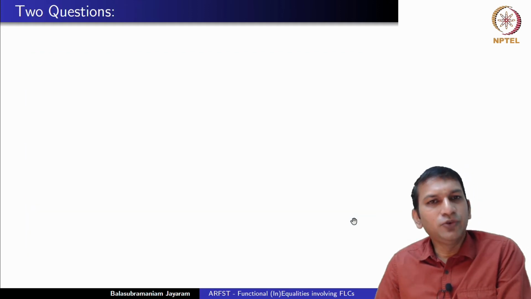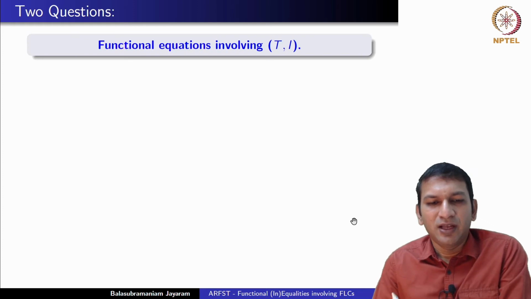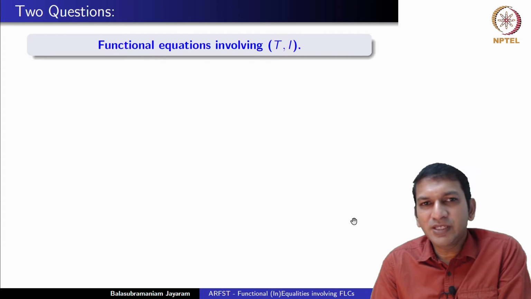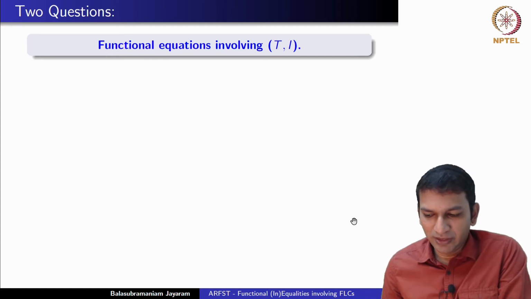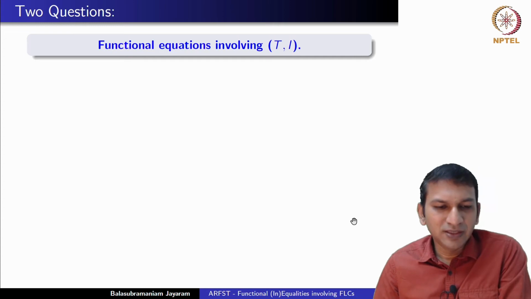Now, taking cue from this, we would like to ask two questions. We have seen among all the properties, obviously we are using properties or equations or inequalities typically involving the T-norm and the implication, because that's what we have always been using. Now, it begs two questions.